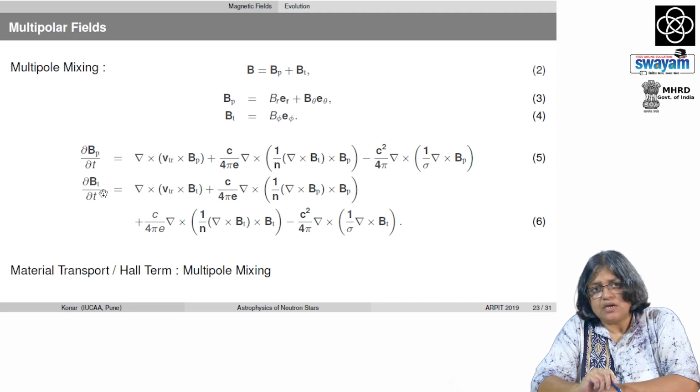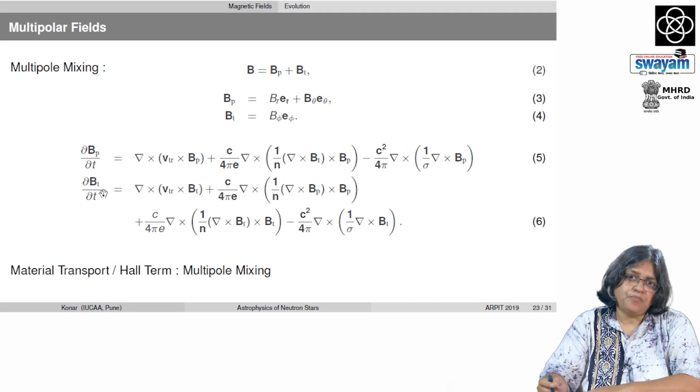So, when a toroidal field is present, different multipole components would not evolve independently as we have seen in the plot before. Rather, they would get intermixed and the evolution would be far more complicated than the simple case that we have considered before. In presence of a Hall term, with more than one charged particle species present, there would also be multiple mixing.